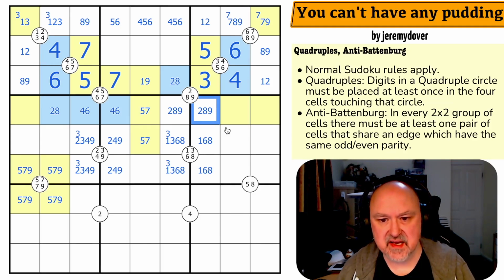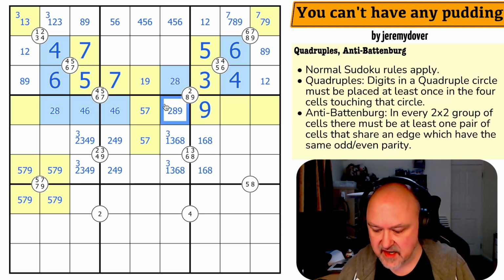And now that must be, no, that can't be even. If that was even, I'd have a Battenburg pattern. That is odd. So that's the 9, and there's no 9 there. That is now even. So there's my 2, 8, 9.